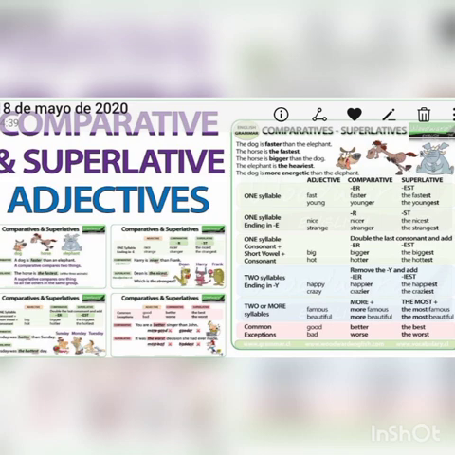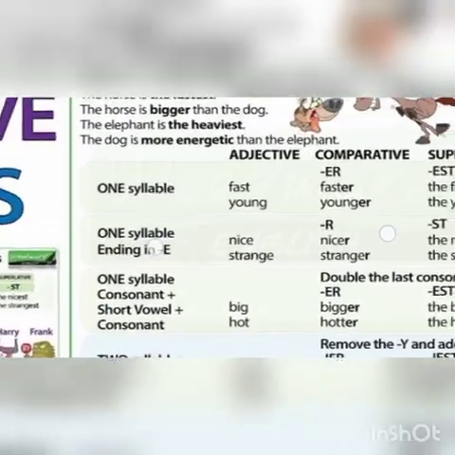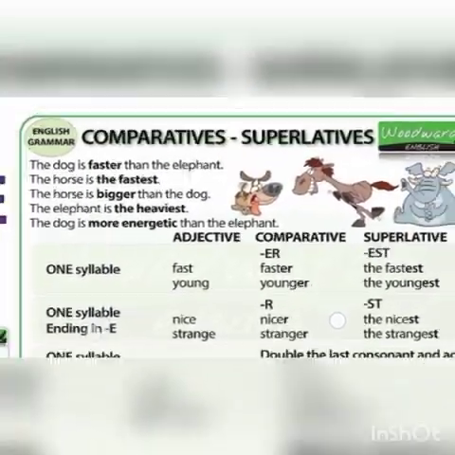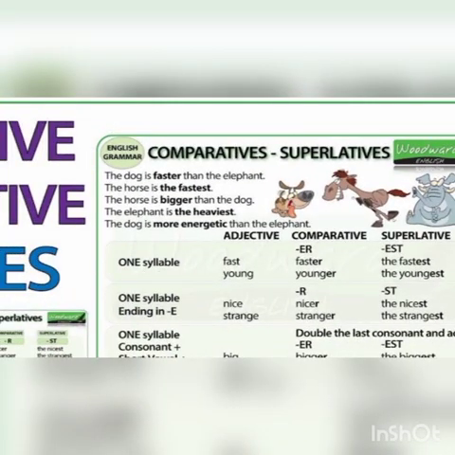Comparative and superlatives, of course, is how we manage the adjectives in order to compare, in order to use superlative forms with adjectives. First, we have the rules of comparative and superlatives. The rules, the formation. Now we have the examples. Adjective, the adjective base, the comparative, and the superlative.